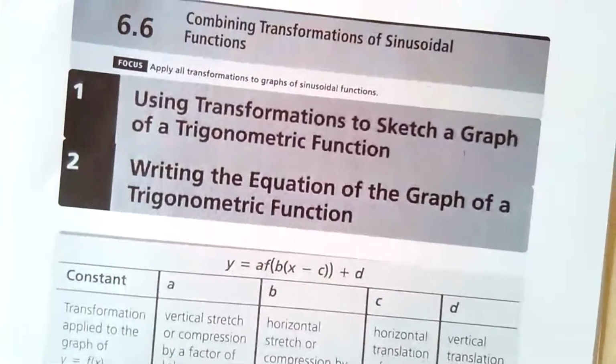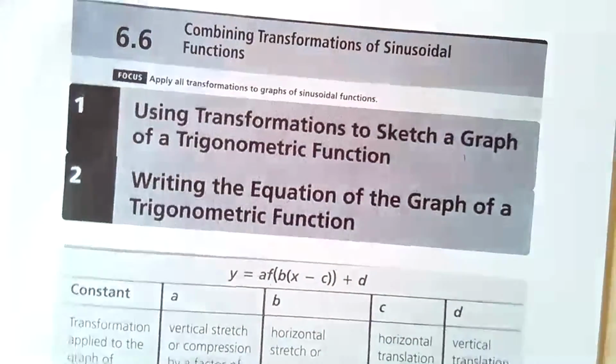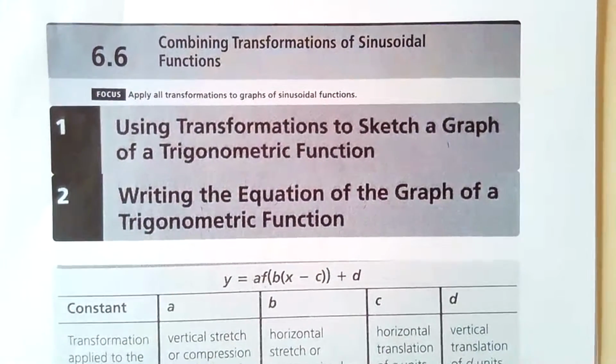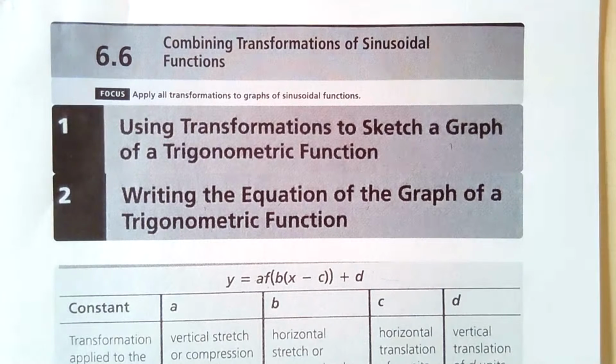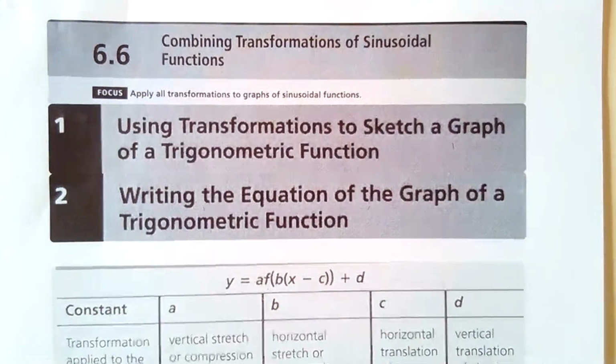You may want to try some of the examples in your textbook, and in our next lesson, I'll take up some of those questions, but I'll post the answers on the blog. And the final part of this section of the course is looking at applications of sinusoidal functions, which is lesson 6.7.